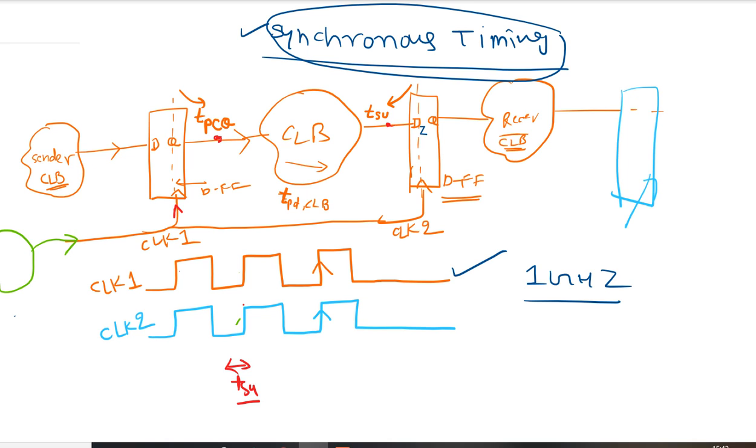Earlier we were talking about how we have designed the hardware, these flip-flops, these CLVs. In the previous video I said that when we have designed this hardware, we take a decision about the clock.